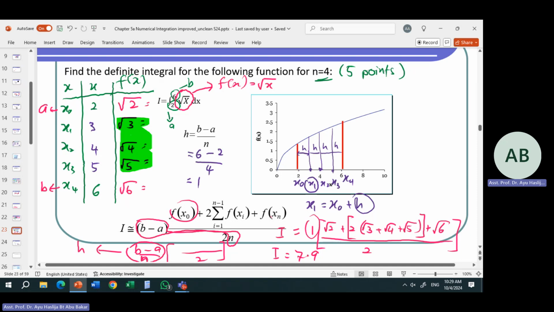Use calculator function integration only, faster. Okay, now you can understand.